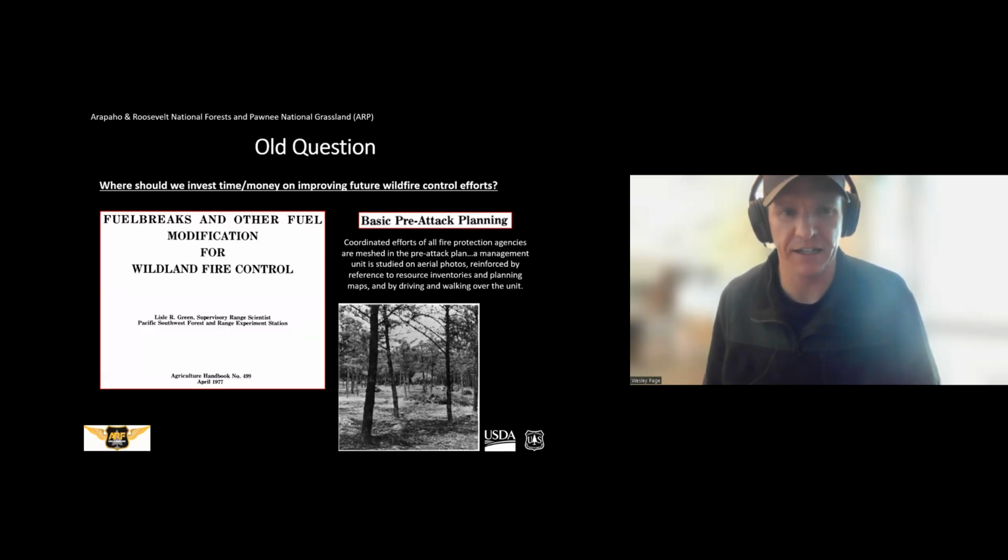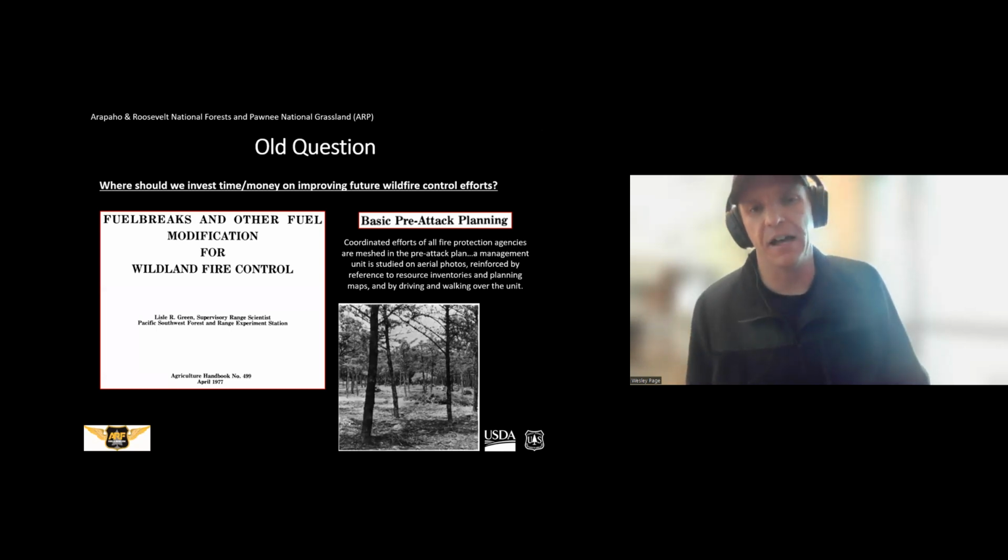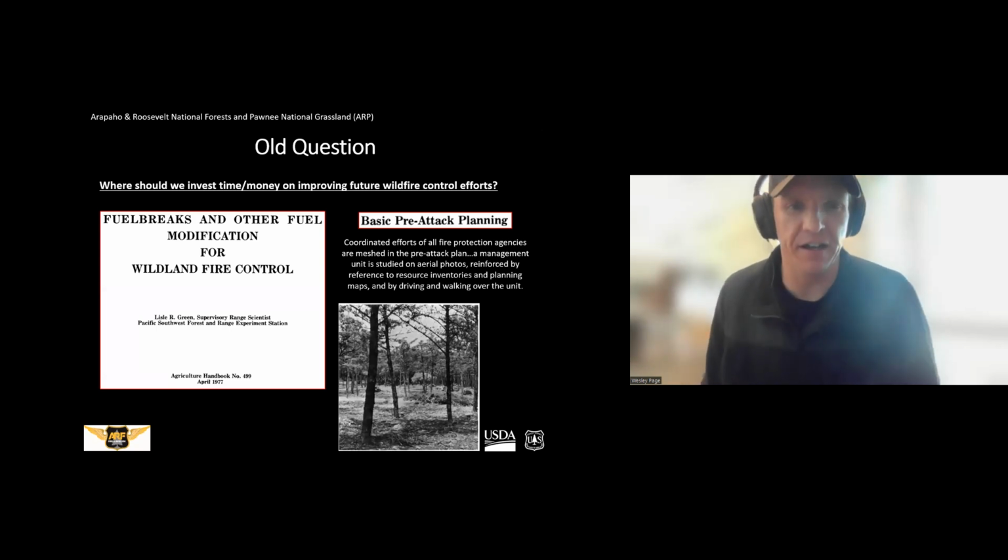Next slide. I want to make it clear that this is a very old question. Where we should invest in preparing for future wildfires has been talked about for a very long time. This paper, Fuel Breaks and Other Fuel Modification, is a very good paper to reference. It's from the 70s.